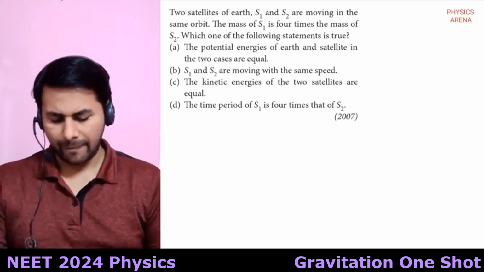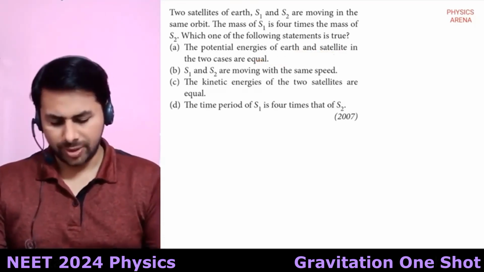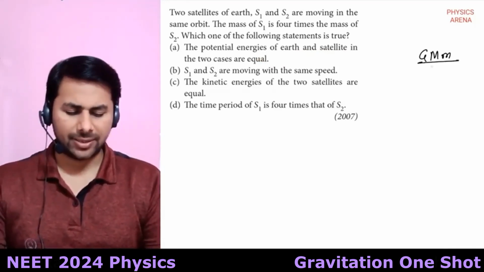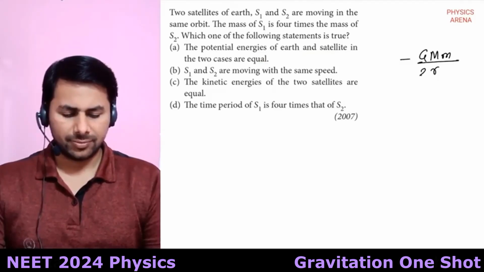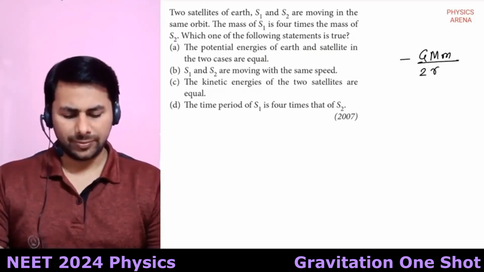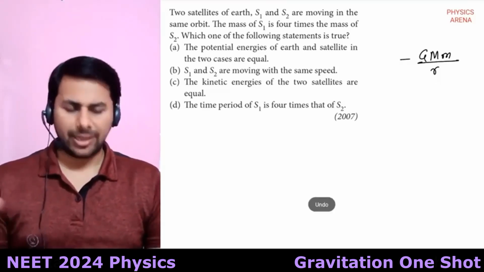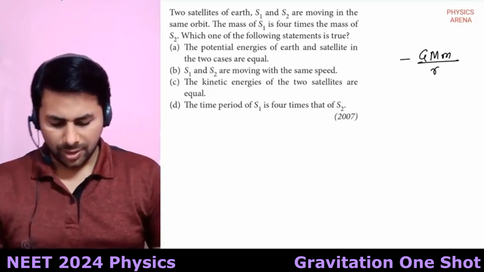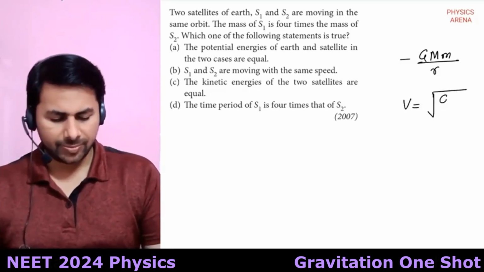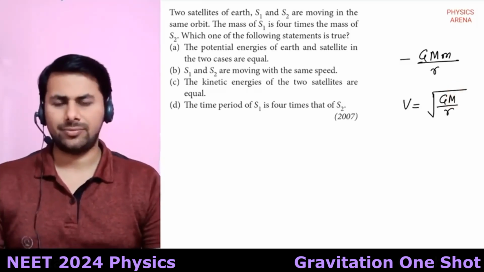Potential energies will be different because potential energy depends upon the mass of Earth as well as the mass of the satellite, minus GMm upon r. But speed does not depend on it. V is equal to the square root of GM upon r, where M is the mass of the Earth only.